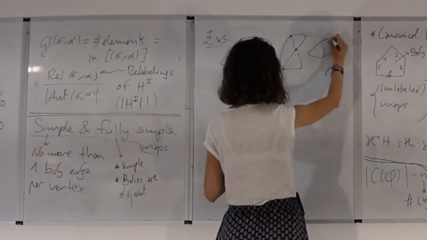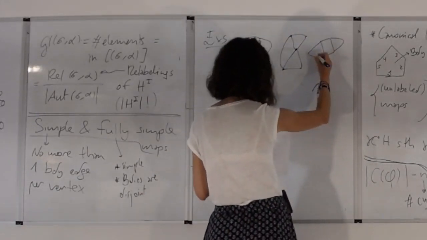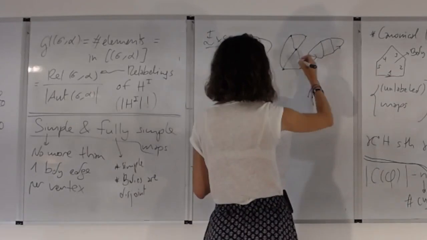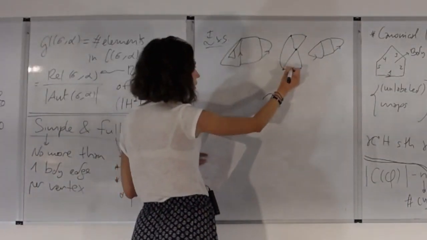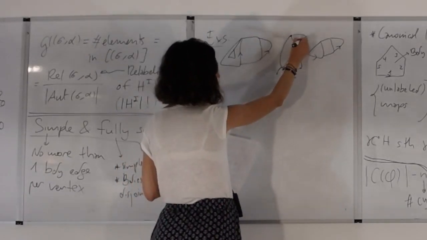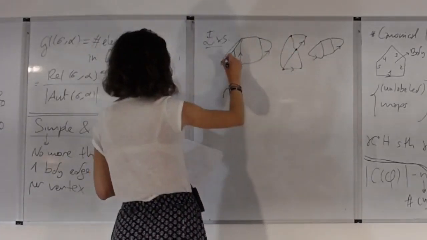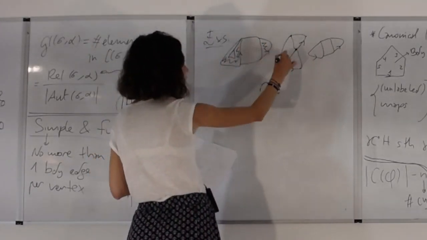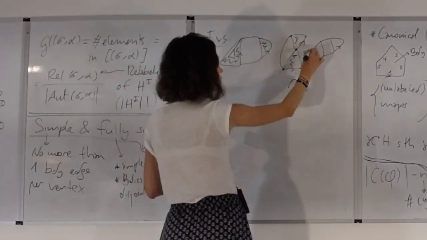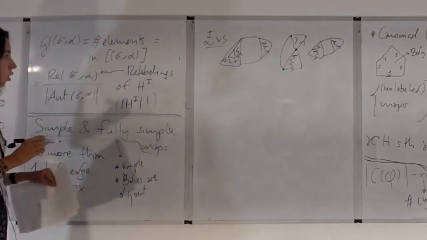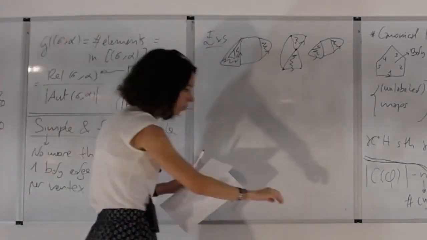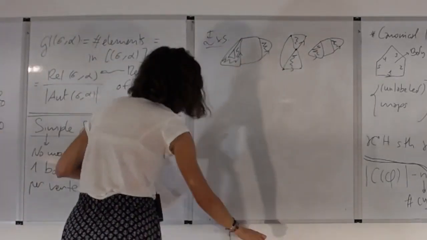They are all planar, but I actually want them to have two boundaries, all of them, so they are all cylinders. They are of topology 0, 2. These are the boundaries, the ones that I'm painting now. And we want to see which ones are simple, which ones are fully simple.